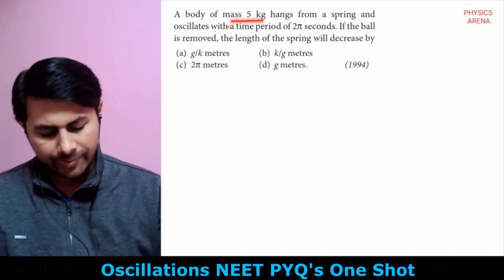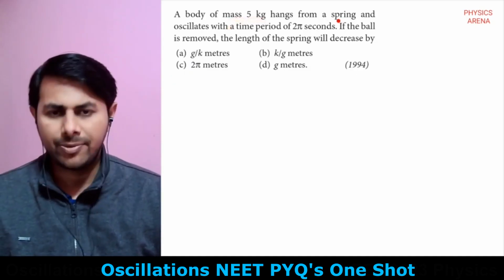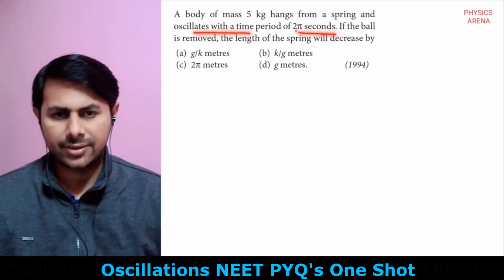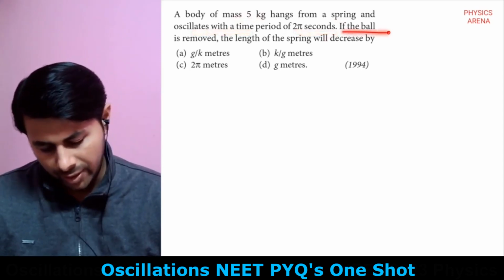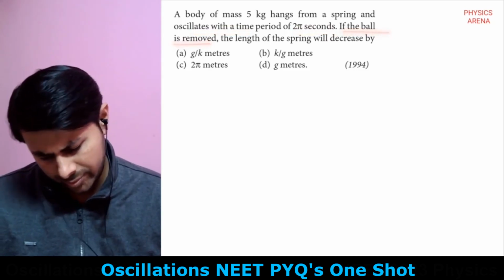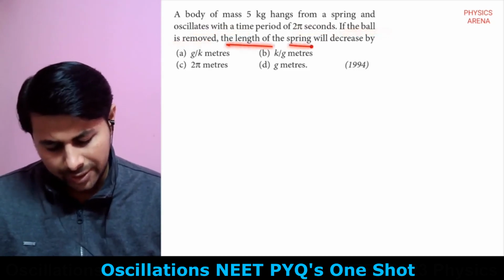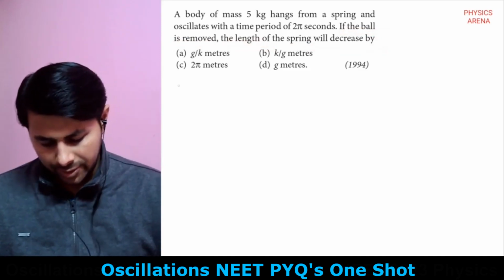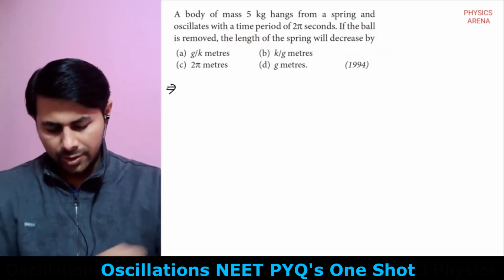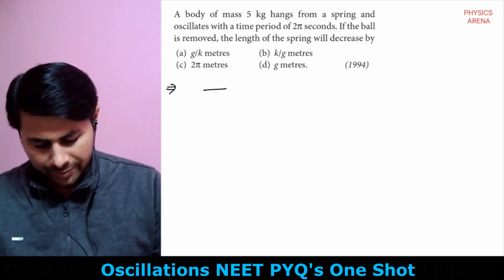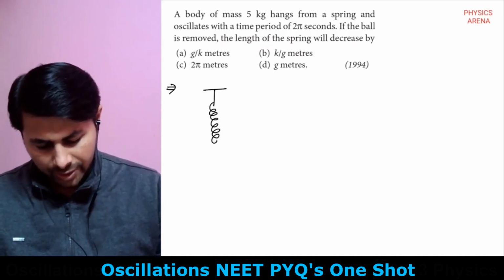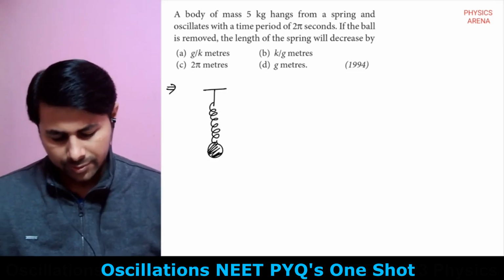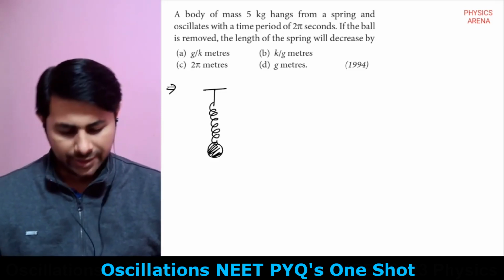A body of mass 5 kg hangs from a spring and oscillates with time period of 2 pi seconds. If the body is removed, the length of the spring will decrease by. So there is a body of mass 5 kg hanging from the spring, with time period of 2 pi seconds.